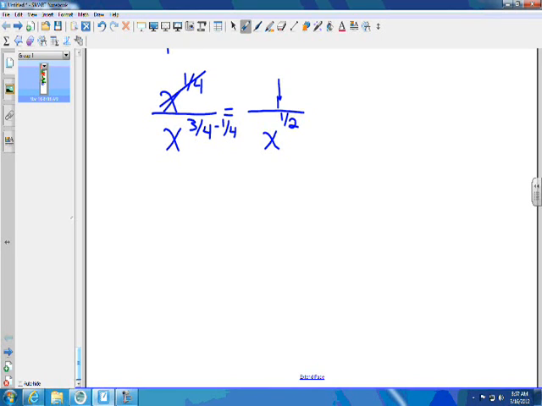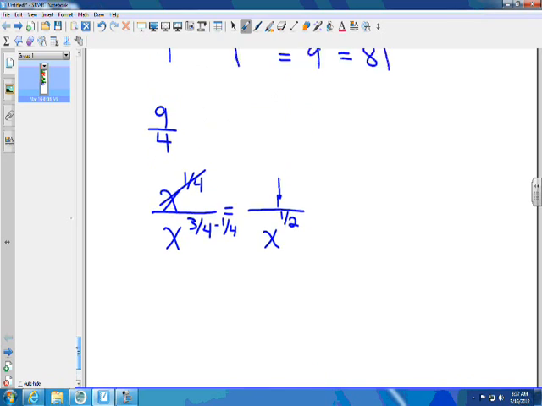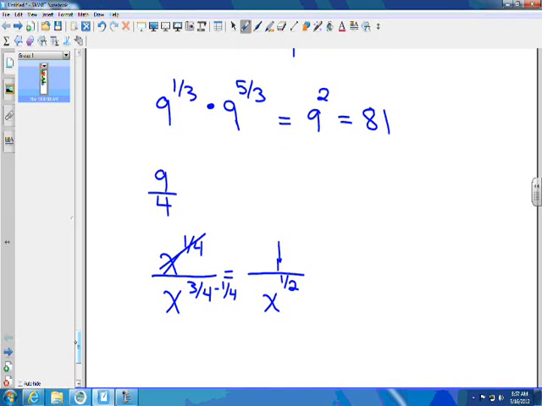And we would leave that as is. Same with the multiply. If you had the same problem there, only it was x to the 1/3 times x to the 5/3, your answer is going to be x squared. So you have to know that you're going to add those exponents.